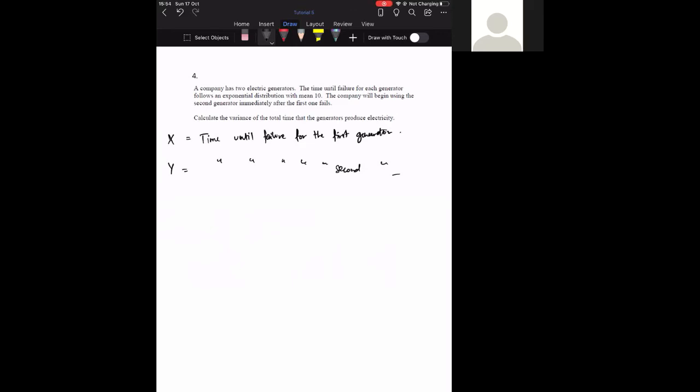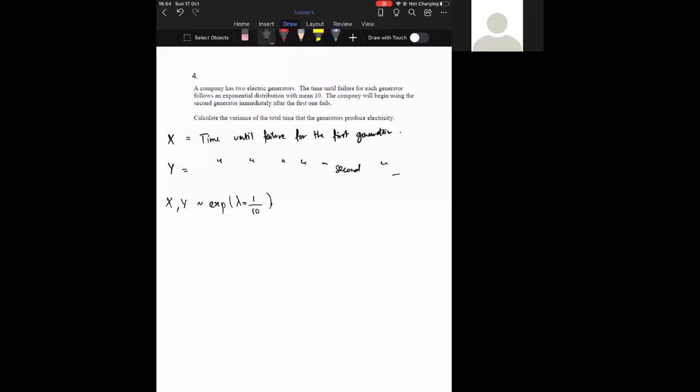Both these random variables follow an exponential distribution with mean 10. So X and Y both follow an exponential with lambda equals 1 over 10.